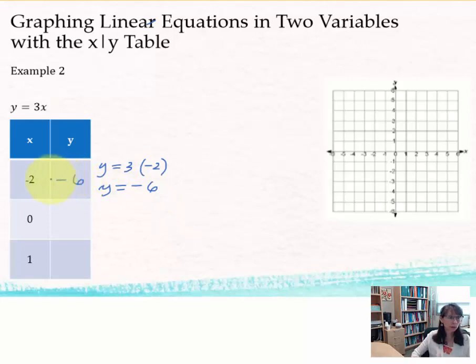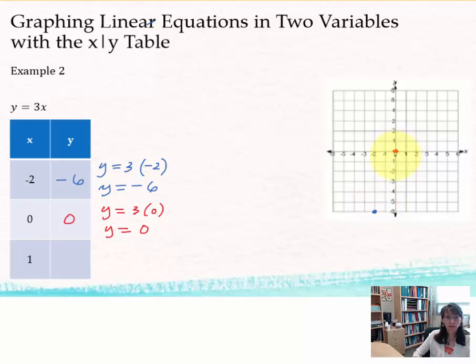So the first ordered pair to plot is negative 2, negative 6. Our next substitution, x value is 0. So y would equal 3 times 0. That means y is equal to 0. 0, 0. Well, you remember that's the origin.